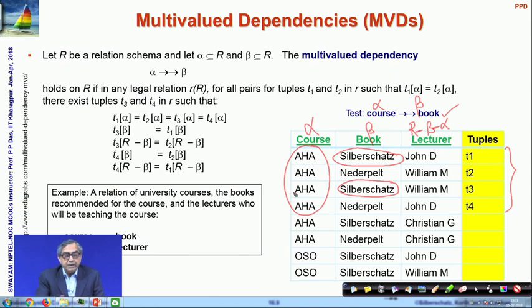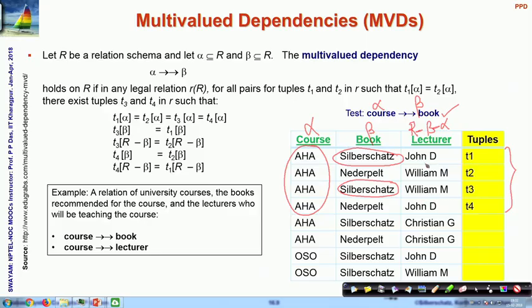Now, it already matches on the course, so I do not have to check for that, but I can just check whether it matches on lecturer. I am checking for this rule whether T3 and T2 match, yes T3 and T2 match, they have the same name for the lecturer.